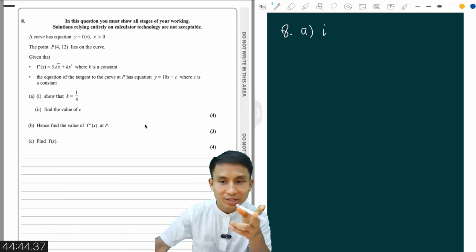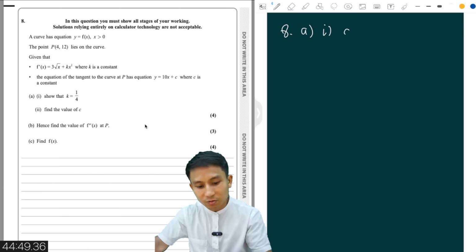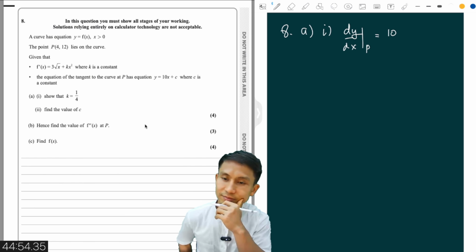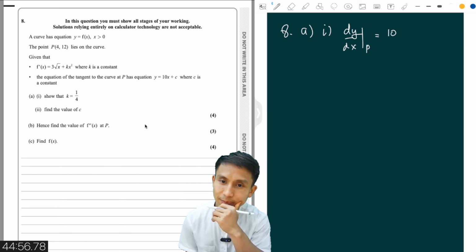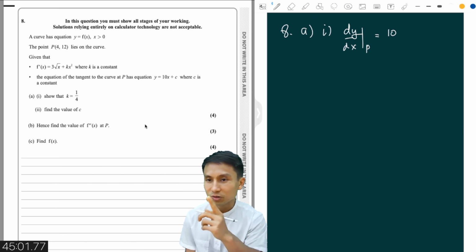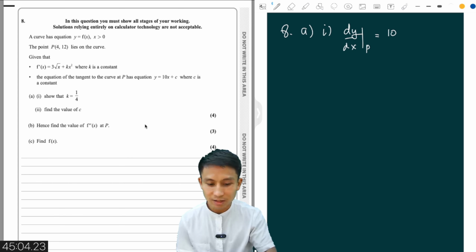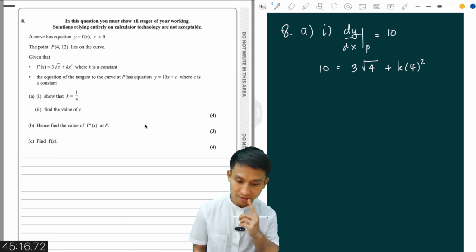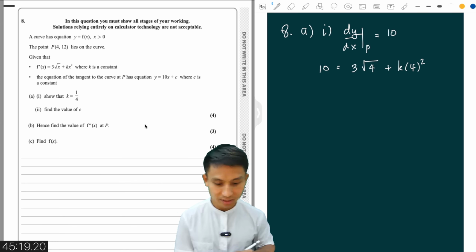So the equation of tangent there is telling you the gradient at P, right? So the dy by dx at P is 10, right? We already know the x coordinate of P. So if we plug that in, knowing that the x coordinate of P is 4, we should get the k value, using that information there.